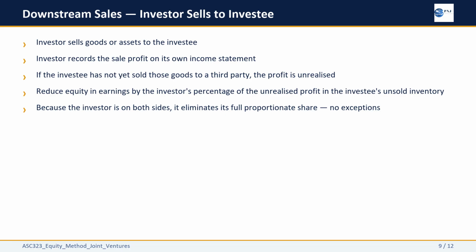You reduce your equity in earnings by your ownership percentage of the unrealized profit remaining in the investee's unsold stock. Because you are on both sides of this trade, the standard gives you no relief. Your full proportionate share is eliminated. That profit only becomes real when a third-party customer steps in and pays for the goods.